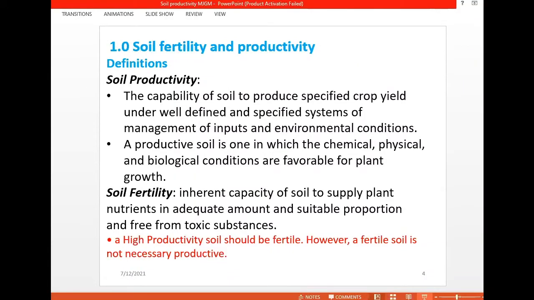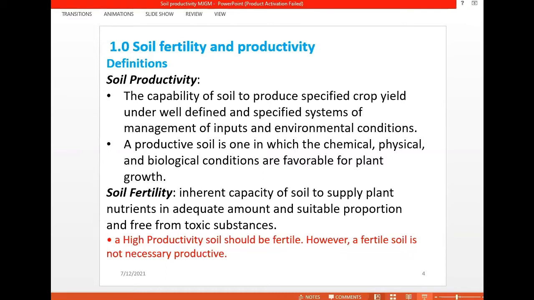So fertility is that capacity the soil has to supply nutrients in adequate amount without toxic substances. So basically, when the soil is highly productive, we actually know that it is fertile.